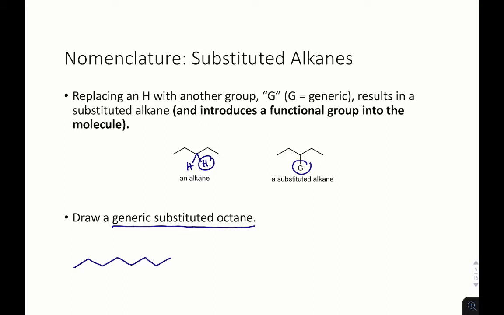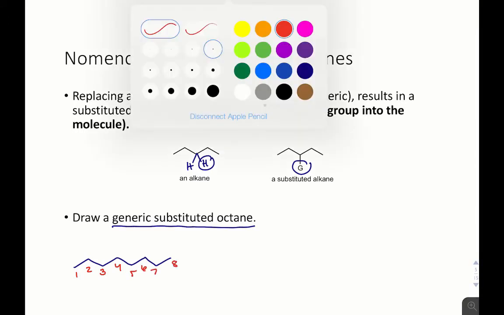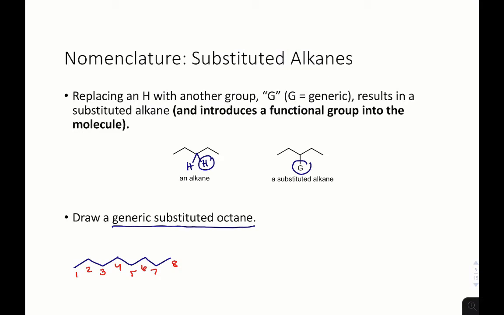All right, oct would have 8 carbons, so let's draw an 8-carbon chain. Let's make sure we did that correctly. 1, 2, 3, 4, 5, 6, 7, 8. And then you just want to put a substituent anywhere. So maybe on carbon 4. Maybe you wanted to do it on carbon 1. Anywhere. Okay, so there's lots of possibilities here.